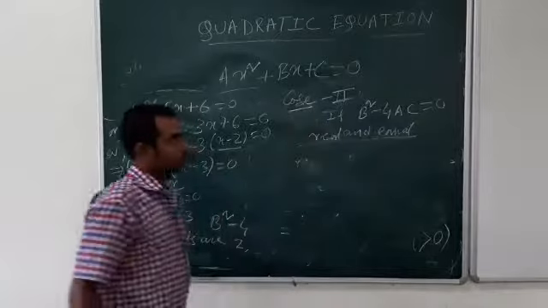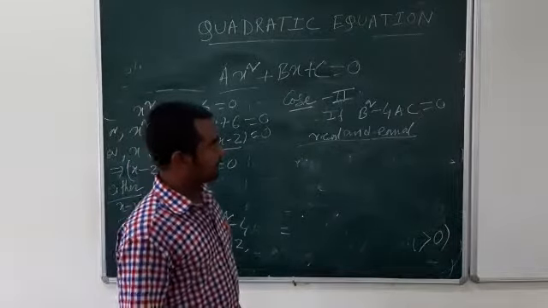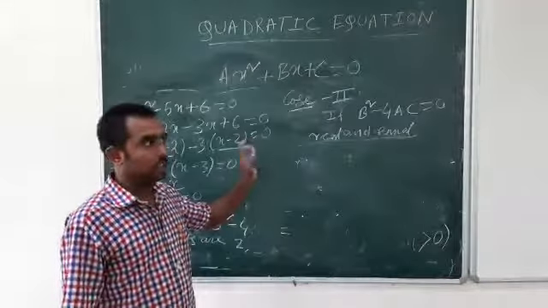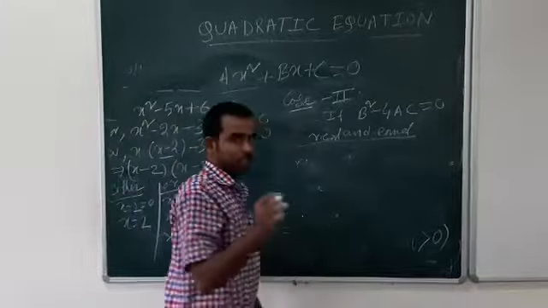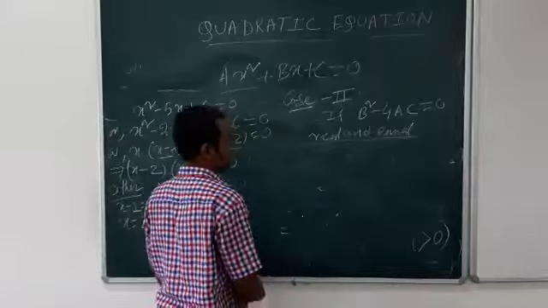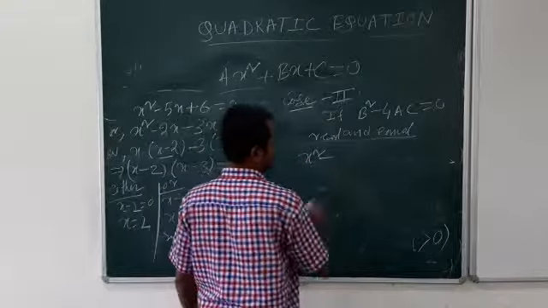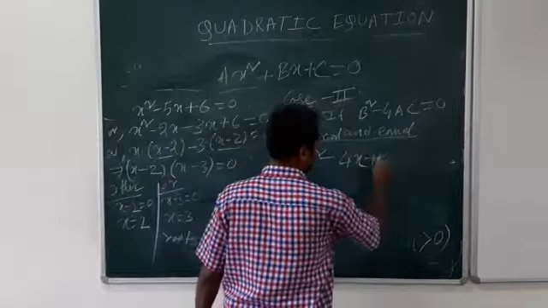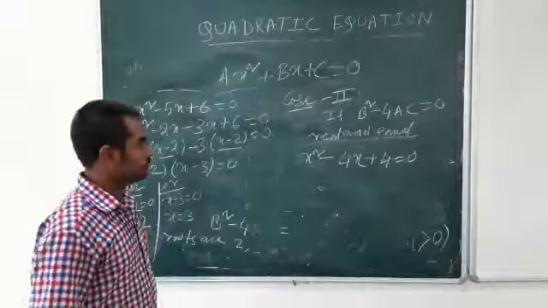When b square minus 4ac is exactly 0, the roots of the given quadratic equation must be equal. For example, x square minus 4x plus 4 equal to 0. It is a quadratic equation.